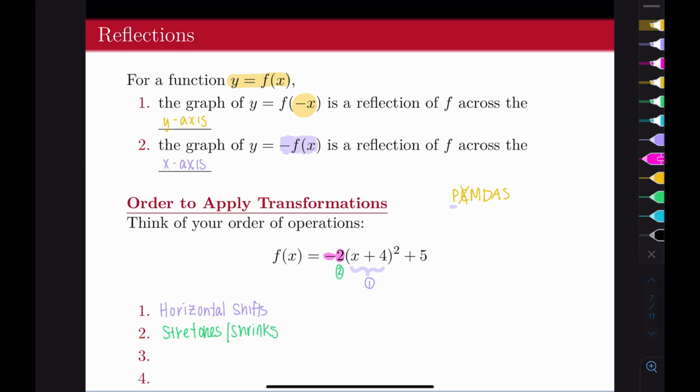And then the third thing you want to do are your reflections. Okay. And so that takes care of multiplication and division. So that moves on to addition and subtraction, which is this last lonely thing out on its own, which is our vertical shifts.